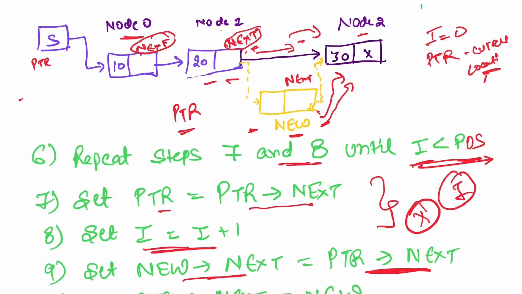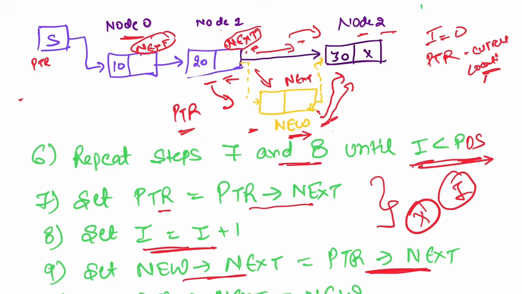And pointer next: now we have set new next equal to this, so it has the address of node 2. Again we will replace pointer next, because the node 1 should have the address of the new node.